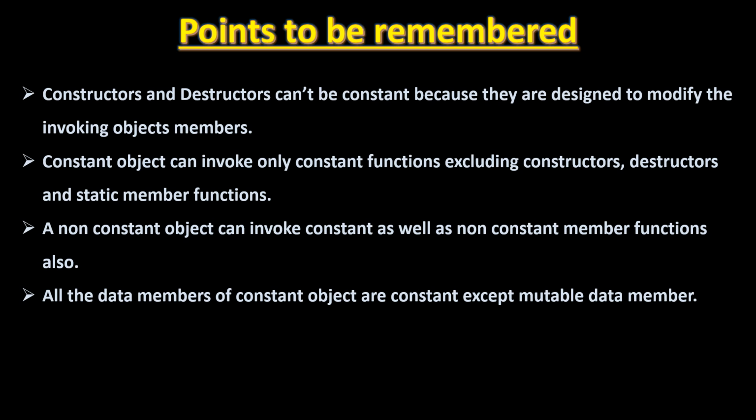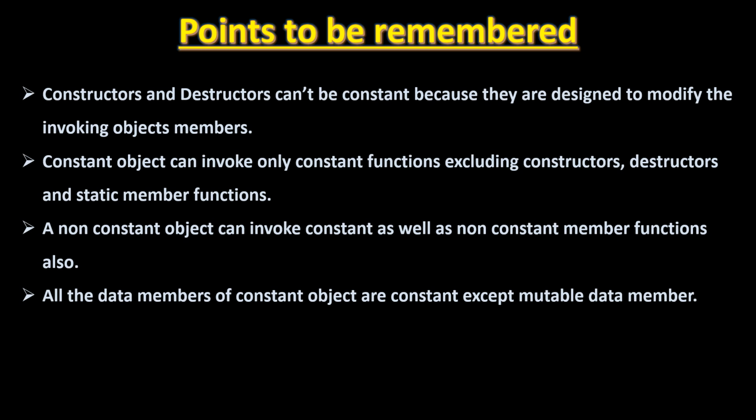A non-constant object can invoke constant as well as non-constant member functions. This rule is only for constant objects. A non-constant object can invoke constructors, destructors, constant member functions, static member functions, all of them.